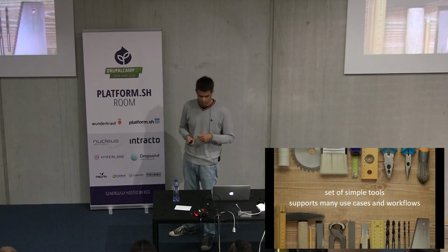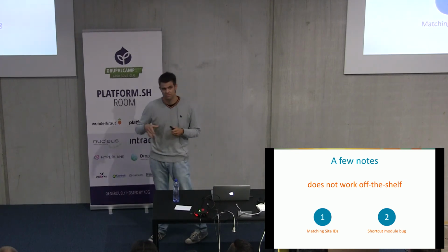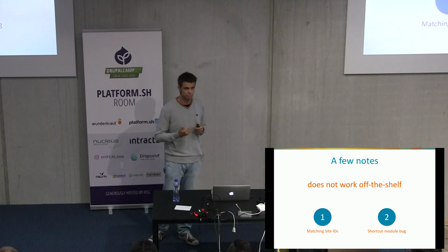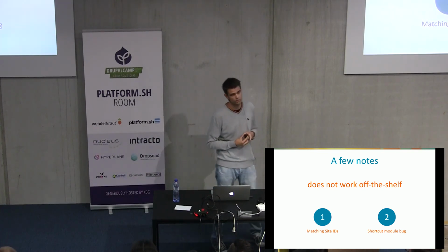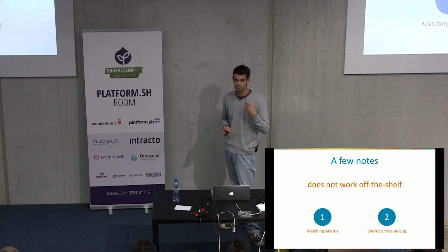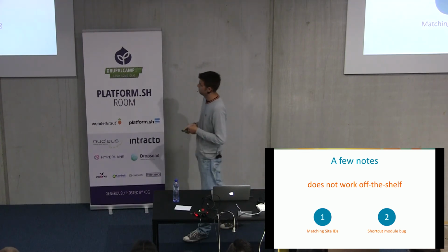Of course, like many things in Drupal, it unfortunately does not work off the shelf at this moment. There's continuous evolution in Drupal 8, as most of you might know. We have constant changes and new features coming up in Drupal 8.4 in October and so on. So we have two issues at this moment.